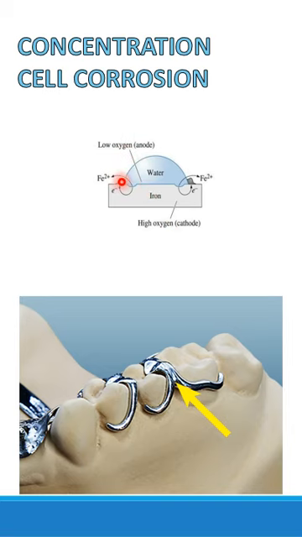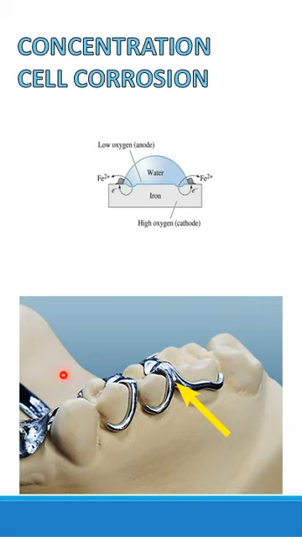The part of your metal which has low oxygen concentration and is in direct contact with water will corrode, and the high oxygen concentration cathode will receive the lost electrons, and because of this basic concentration difference of oxygen, the corrosion actually happens.